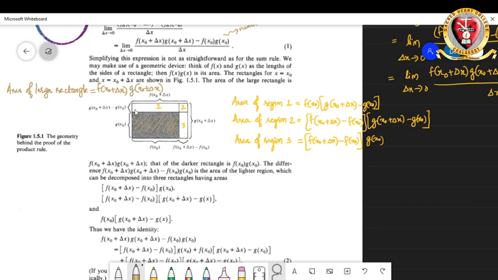Okay, so in order to find the area of the unshaded region, you have to subtract the area of the shaded region from the total region, right? So you have here the area of the shaded rectangle, that is equal to f of x naught into g of x naught, right?